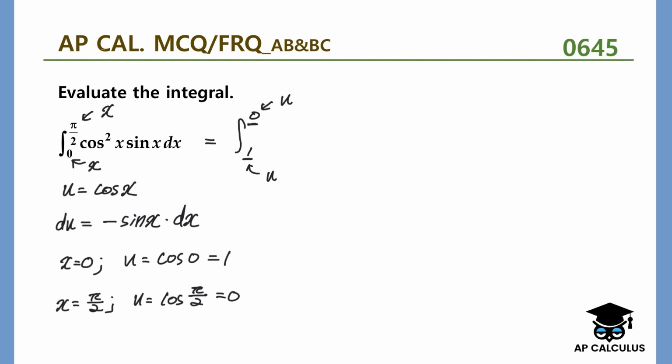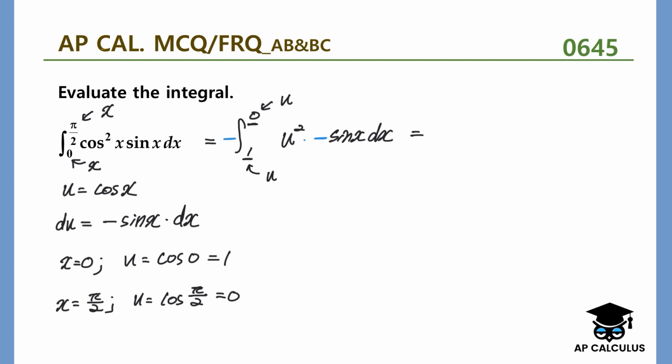Now let's write the integrand in terms of u. Cosine squared is u squared, right? We had a sine x dx, so we're going to multiply by -1 here and -1 here.